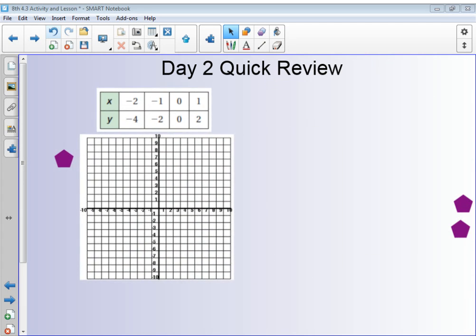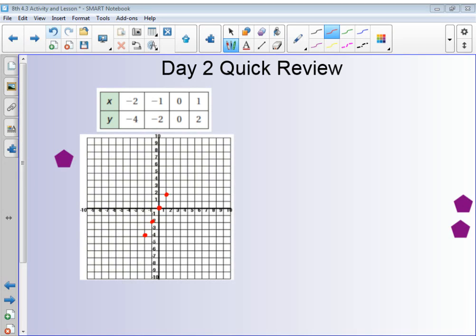Okay, one more. So here we've got one more scenario. We don't know what this scenario is representing, so it's your choice if you connect the dots or not. So we're going to go over to -2, down to -4 and put our dot. Over to -1, down to -2. Over to 0, stay at 0, and then over to 1, up to 2.